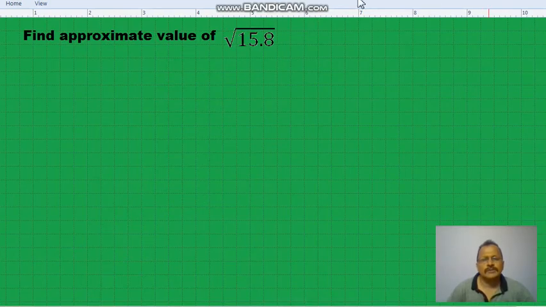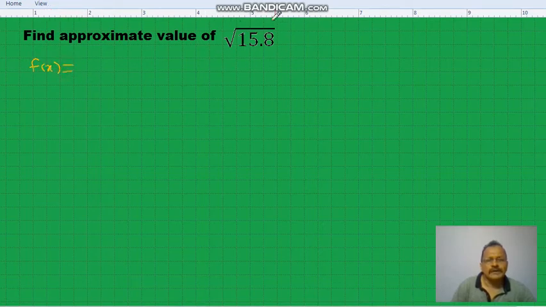Let us solve some problems. The first problem we are taking is find the approximate value of square root of 15.8. The first thing that should come to your mind is what function f of x we should put.